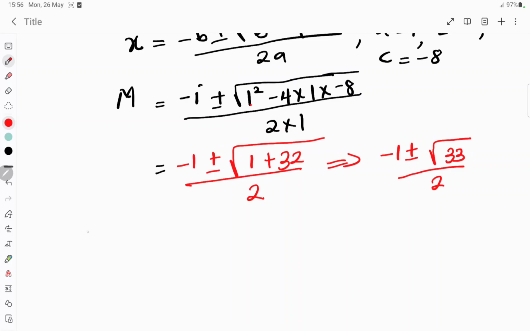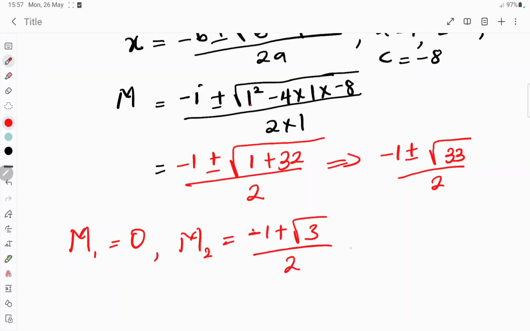In general, we can say that m1 is equal to 0, m2, the second value because we have positive solutions here, is equal to minus 1 plus the square root of 33 over 2. Then m3 is equal to minus 1 minus, this is 33 please, minus the square root of 33 divided by 2.